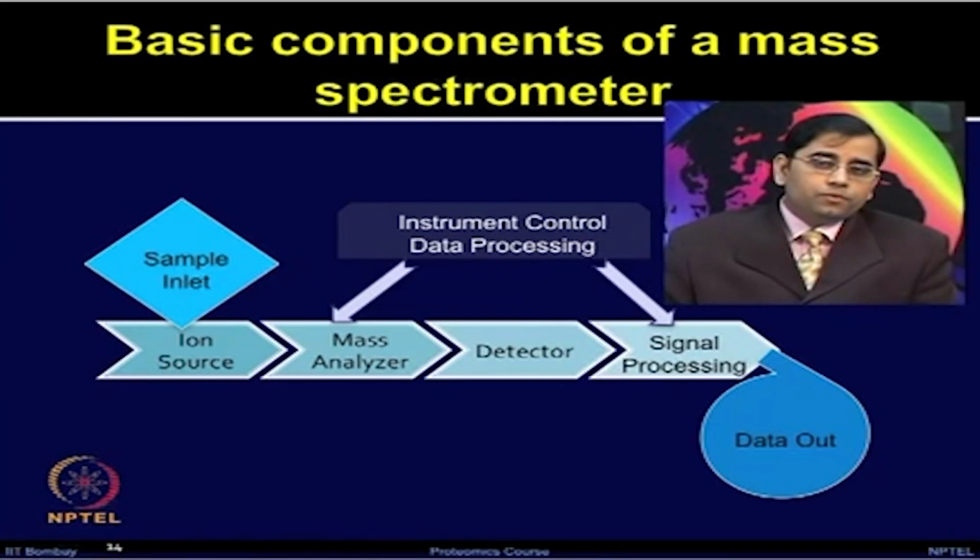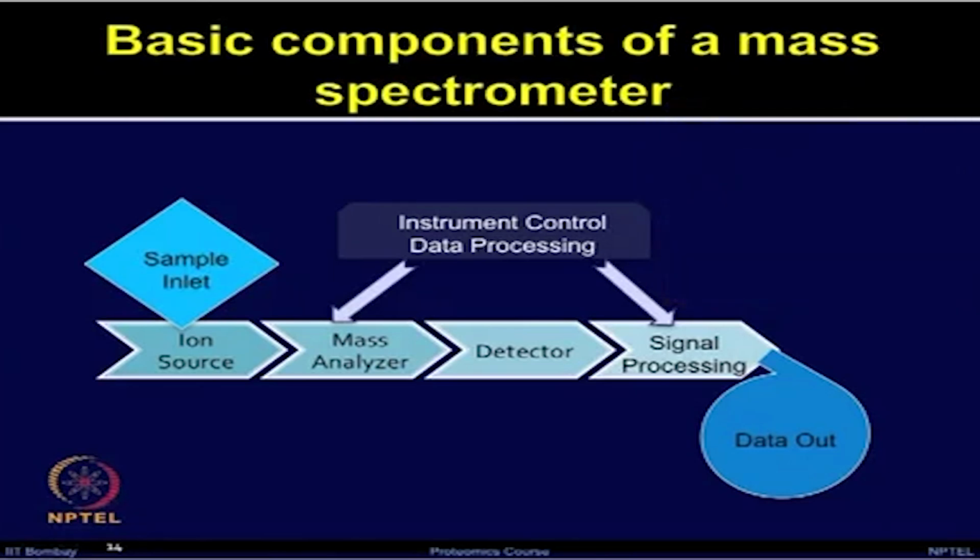The ion source, or ionization source, converts neutral sample molecules into gas phase ions. Mass analyzers separate and analyze the mass of the ionic species. There are various types of mass analyzers available, which we will discuss in more detail during the subsequent part of the lecture.